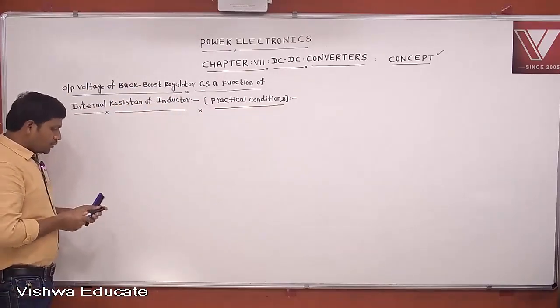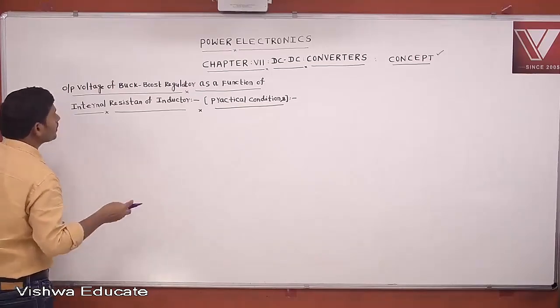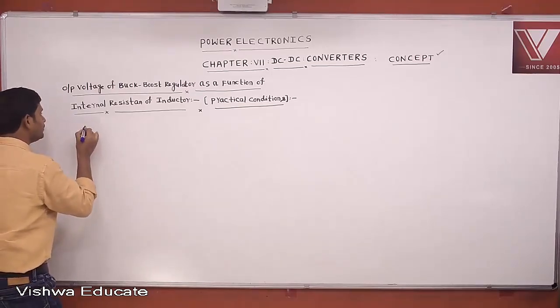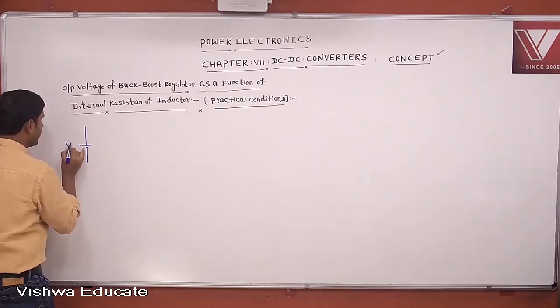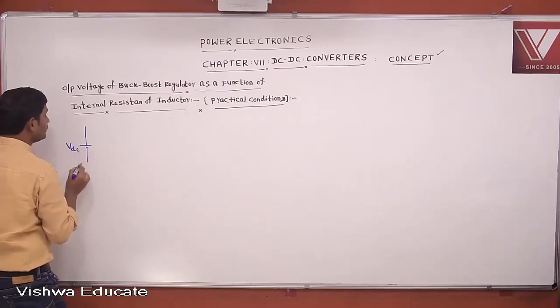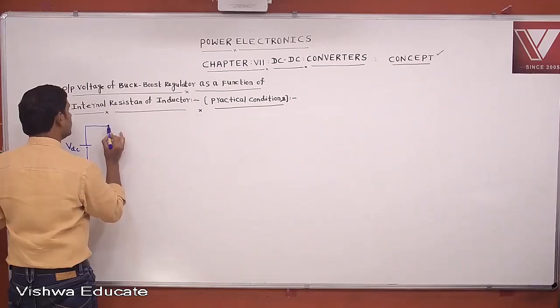First you draw the circuit. You know the circuit of the buck boost regulator. This is the input voltage VDC. This is the switch.